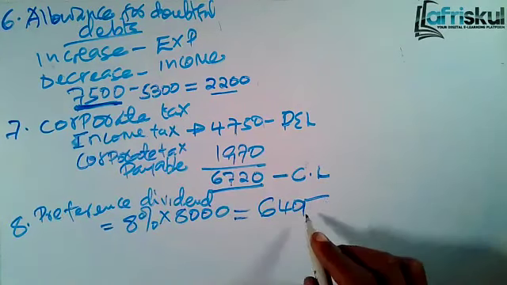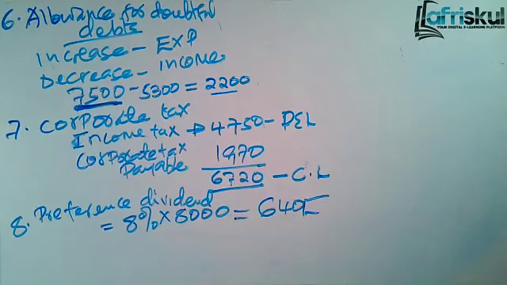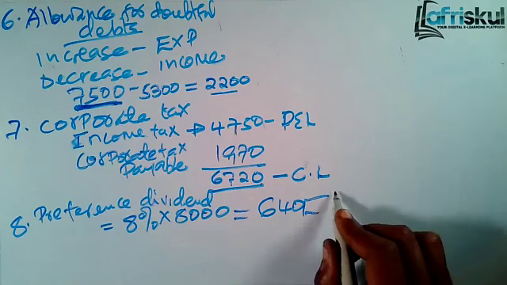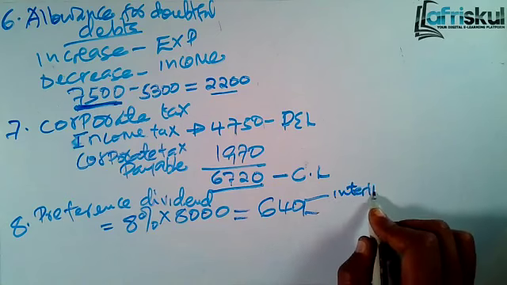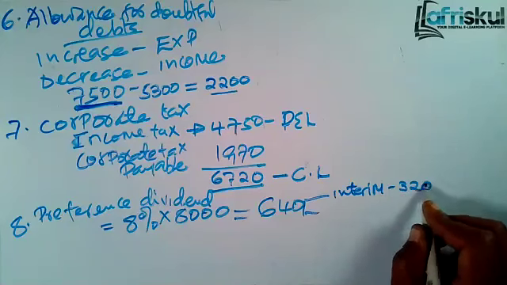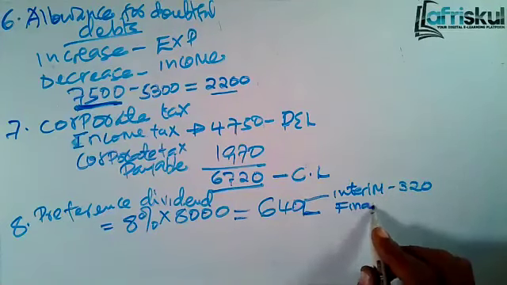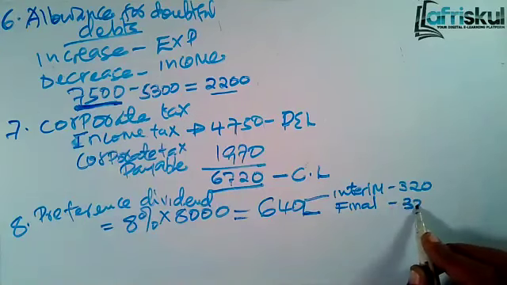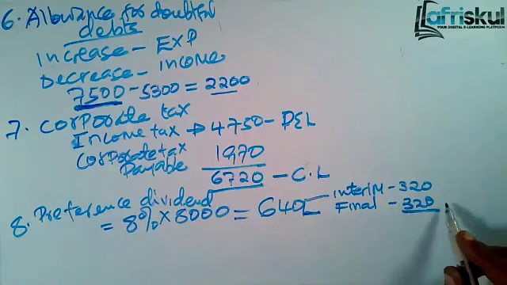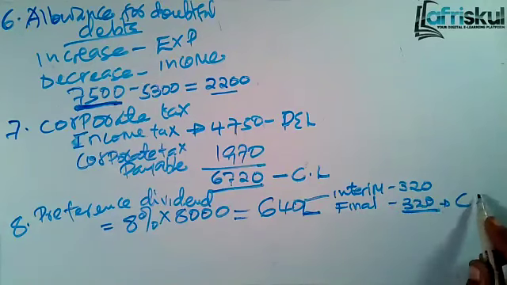I want you to listen here. On the trial balance, the third last part, we've been told that the interim preference dividend paid was 320. As we apply the accrual concept, there is the final dividend, proposed to be paid, of 320 that was not paid. So you will take this final as a current liability.